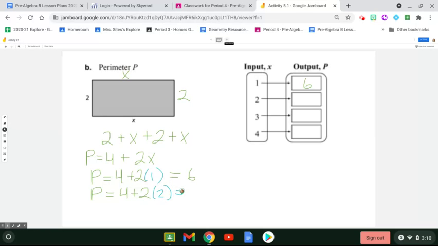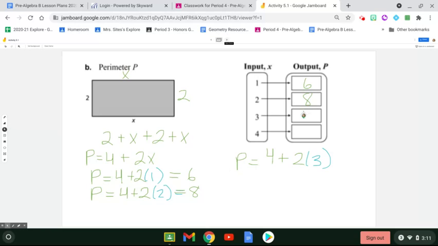So let's see, 2 times 2 is 4, and 4 plus 4 is 8. So the output is 8. Okay, want the perimeter when the input is 3.